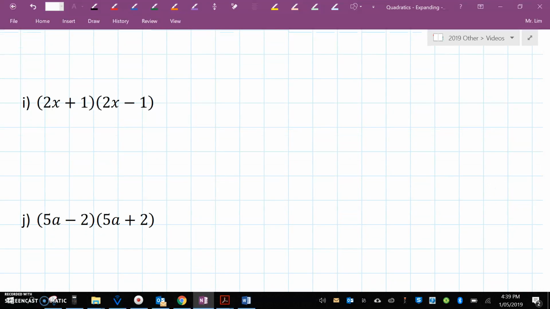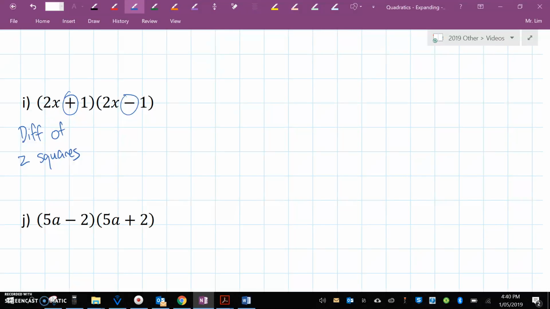Question I is a difference of two squares. Because they look exactly the same, except one of them is a plus, one of them is a minus.